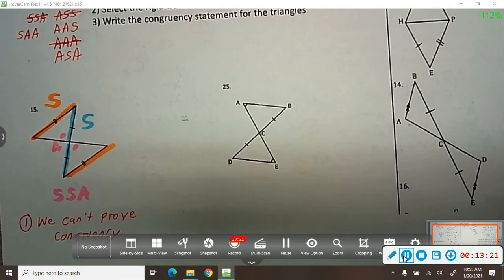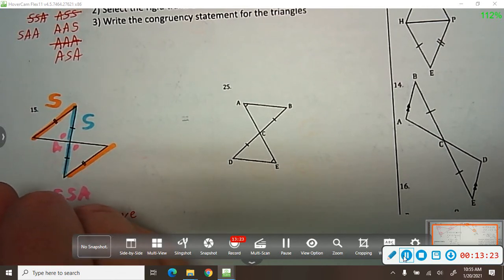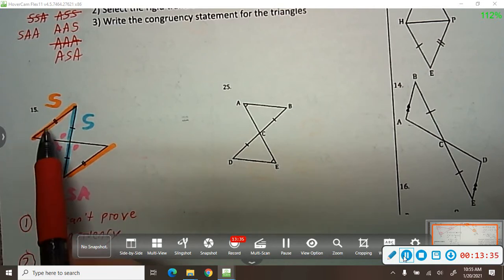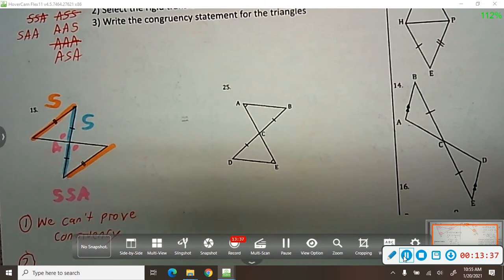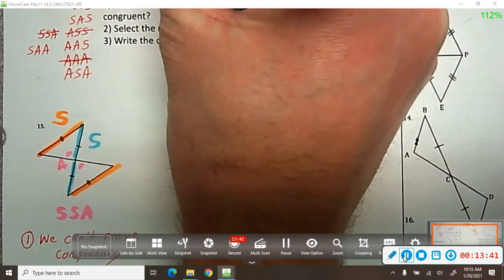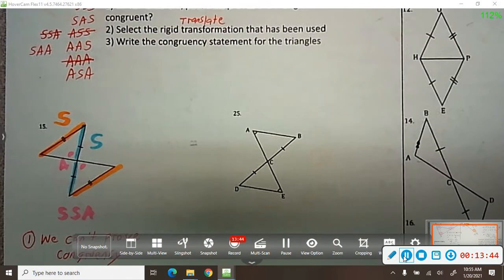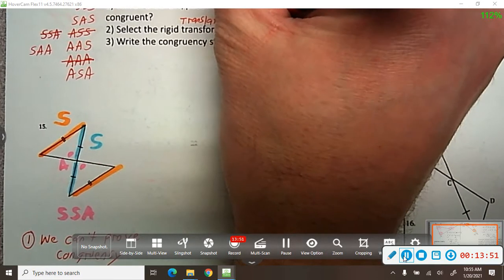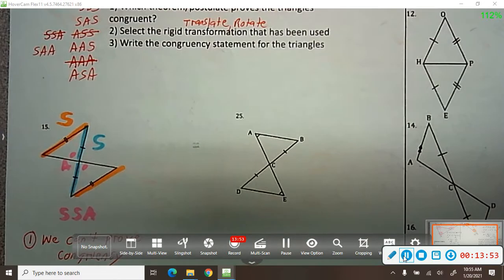Select the rigid transformation that has been used. Assuming that they were congruent, really step 2 and 3 make no sense if they're not congruent. But to get from here to here, the words you're going to be using for transformations, that could be translate. That means when you move it. So when you move it, it stays the same, it just moves. You could use the word rotate. That's when you turn it.